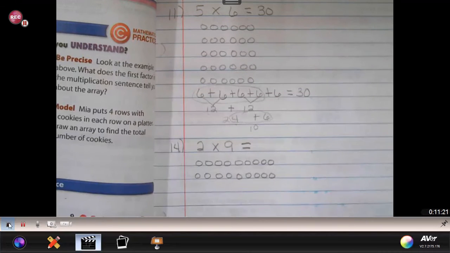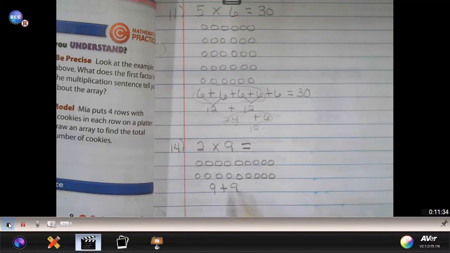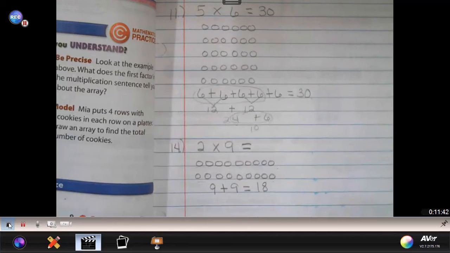And my addition sentence would be, I have a group of 9 here. If I were to count those, I shouldn't have to because I already know that there are 9. And I add another group of 9 here. And when I add those two groups of 9 together, I know that I'm going to get an even number because I have partner pairs, which means I have an even number of 9 and 9, making my 18.